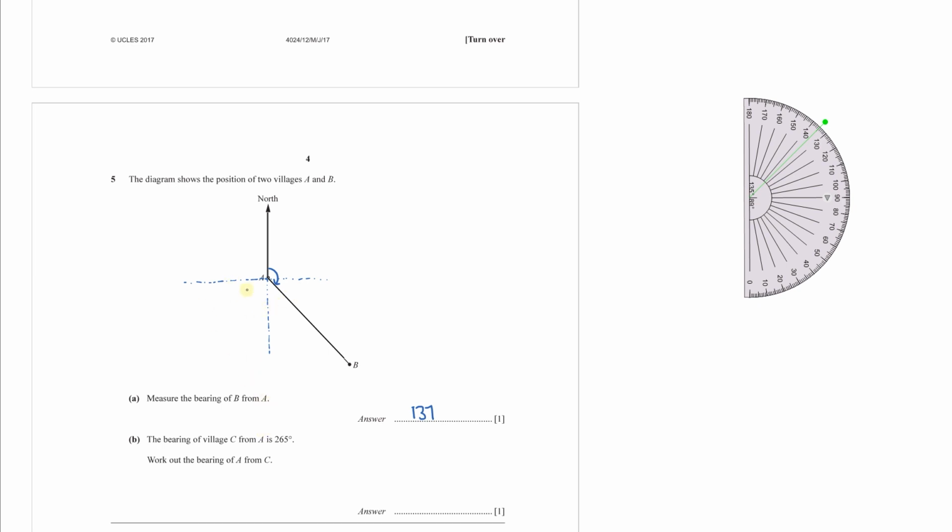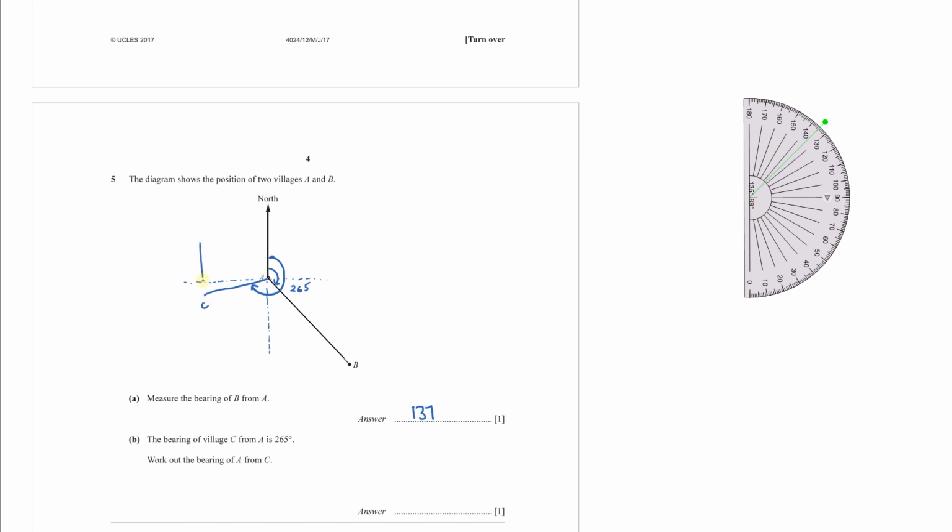Since it's 265, C would be somewhere below here, just a little bit below our 270 line. Let me draw this again. So this angle here is the 265 bearing of C from A.